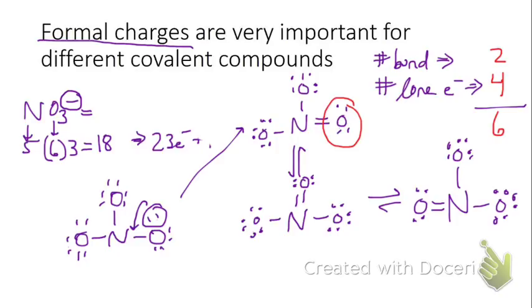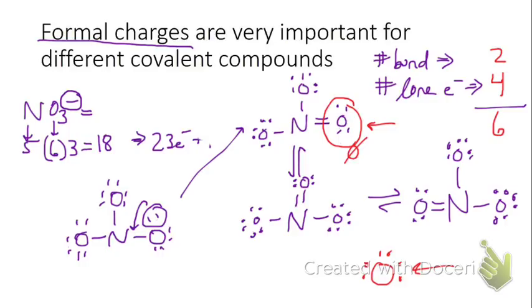Now, let's think about these oxygen. If we look at oxygen in the Lewis structure, it'll look like this, with 6 electrons. Well, this oxygen matches this oxygen with the number of electrons, so there's no charge.